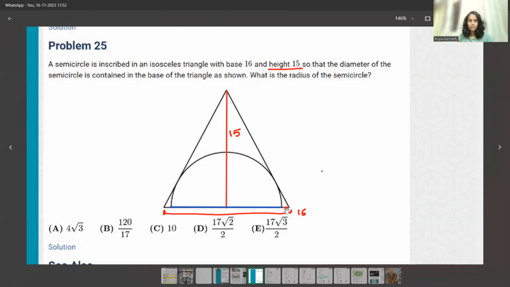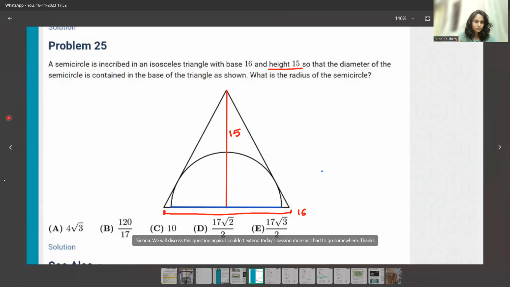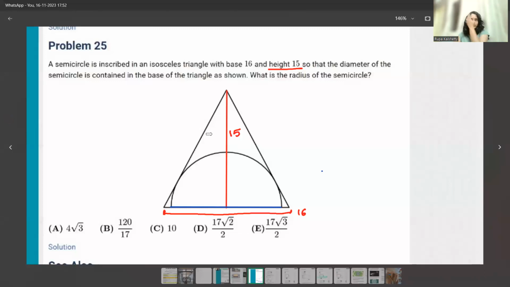Now let's see, how do we do this? Very smartly, we're going to solve this example with very, very little work and more logical reasoning. If you see, this is the height of the isosceles triangle. If it is height, it has to be vertical, perpendicular.